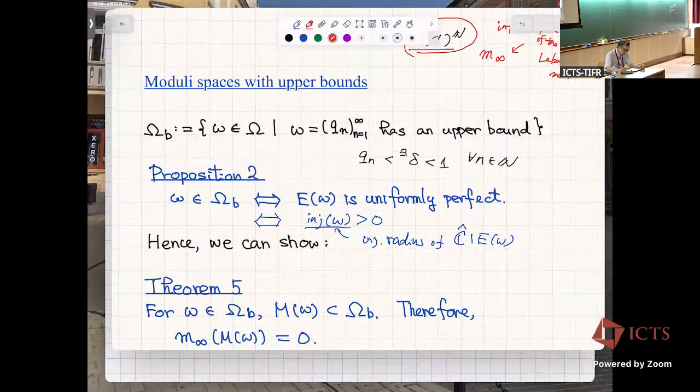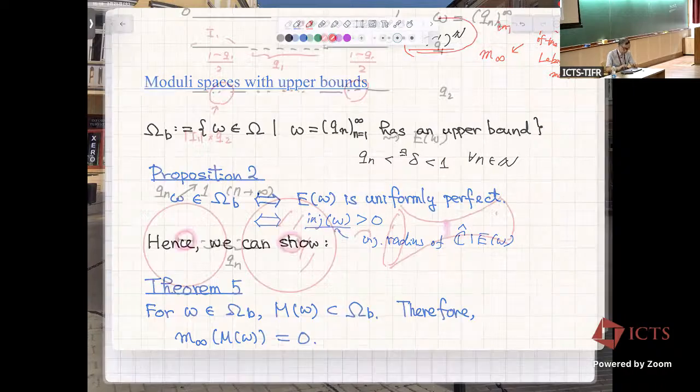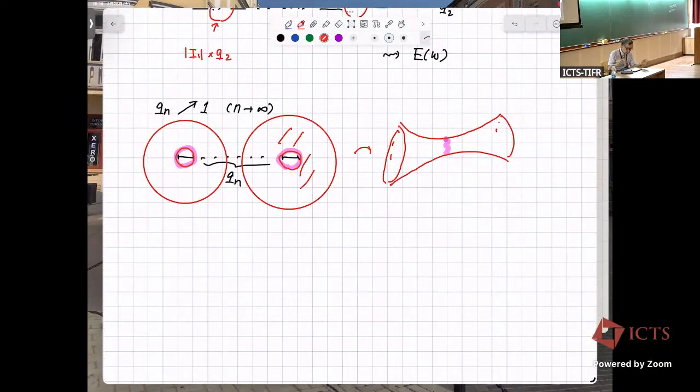Anyway, the positivity of the injectivity radius is quasiconformal invariant. It's a general theory: take a Riemann surface R, and R prime also a Riemann surface.